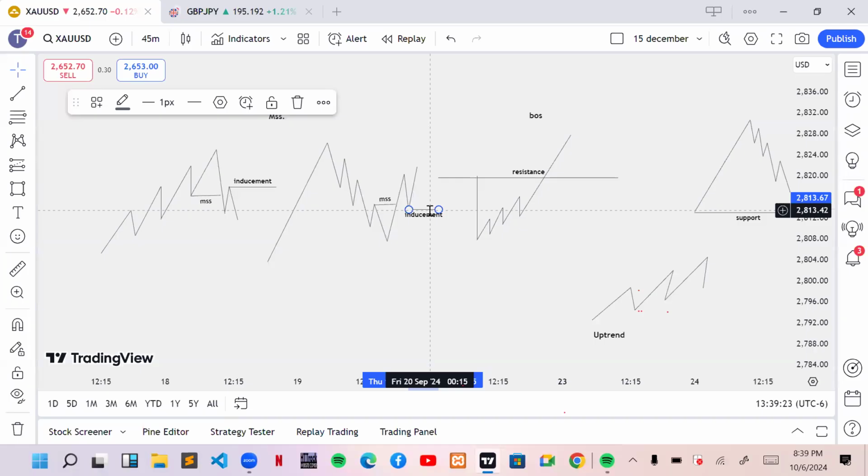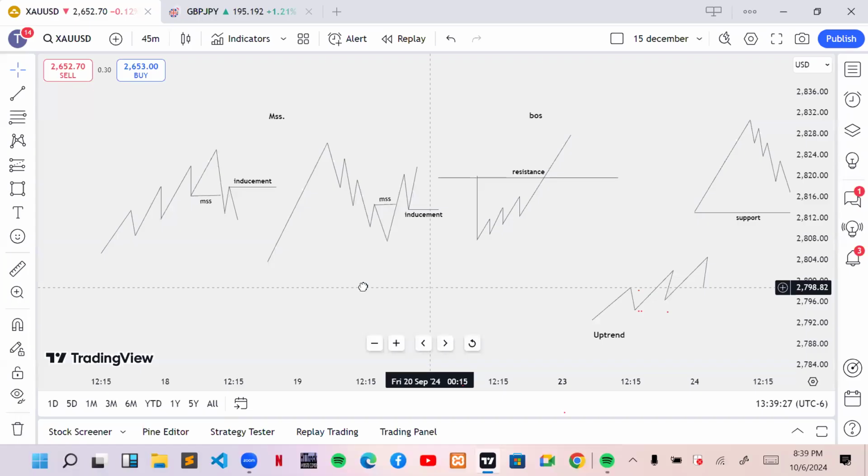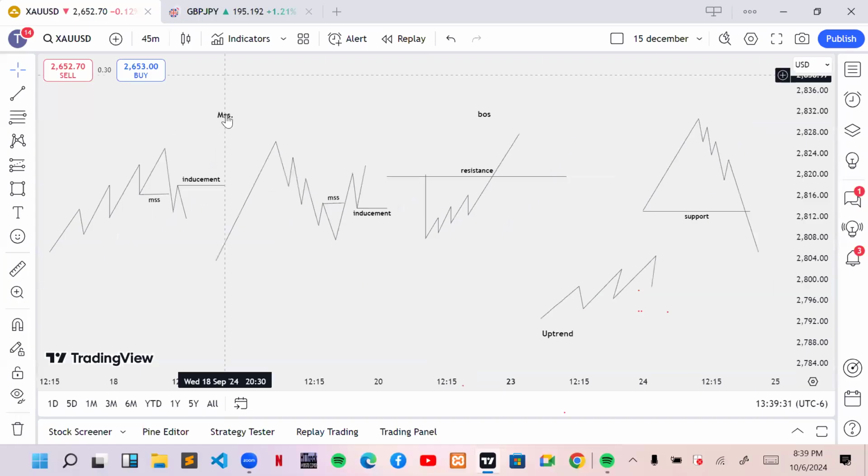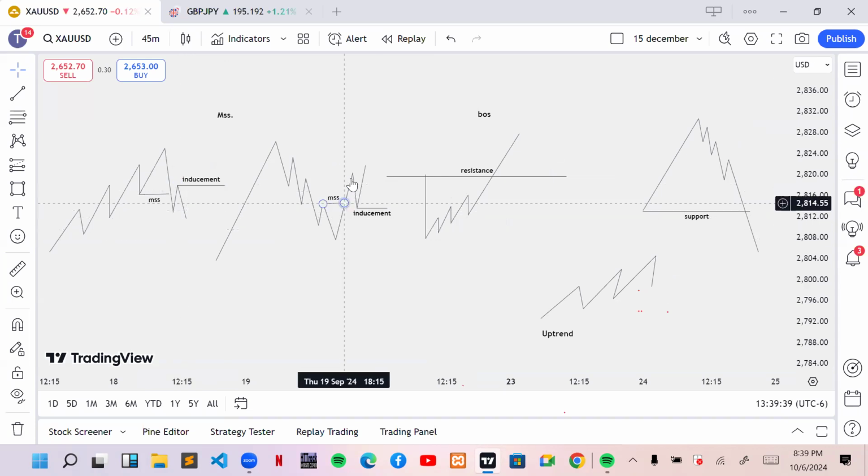So it said the inducement is the first valid pullback that market makes after a break of structure or a market structure shift. So this is the market structure shift part. This was when market broke structure to the downside. This is the first pullback it makes before continuing that move. Same as this, market broke structure to the upside or changed structure to the upside. After it changed structure to the upside, it made the pullback before continuing that move. The pullbacks it makes is the inducement.